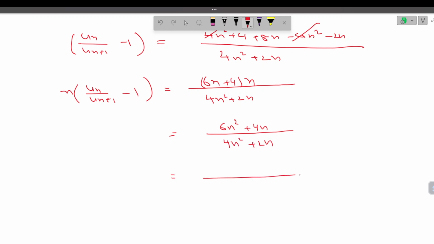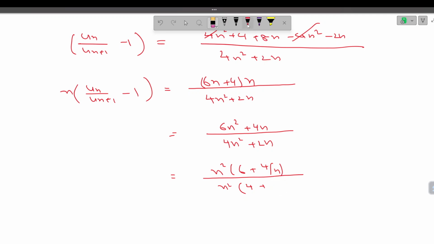So what we are doing is taking n square common: 6 plus 4 by n in the numerator, and in the denominator 4 plus 2 by n.